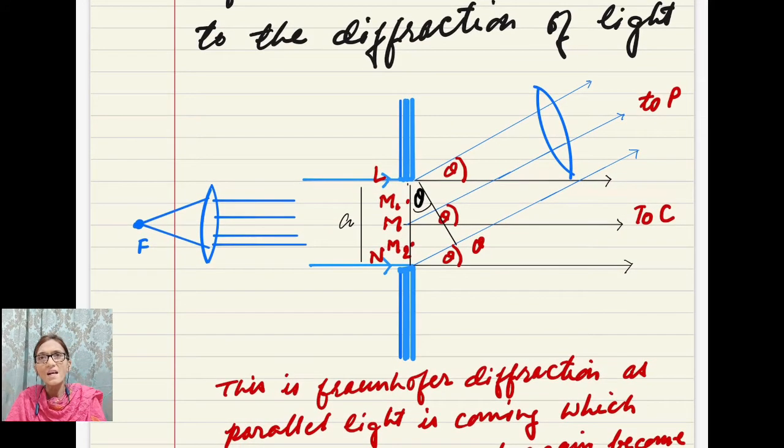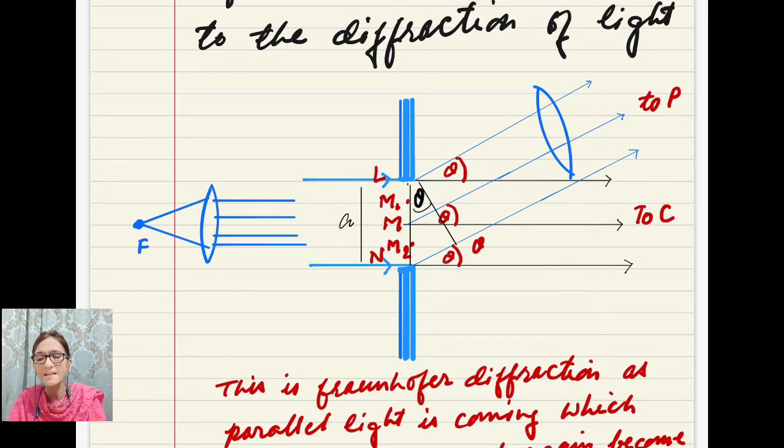So now we are going to use Fraunhofer diffraction, because in mathematical analysis it is very helpful. In Fraunhofer diffraction, the source and the screen are at infinite distance.